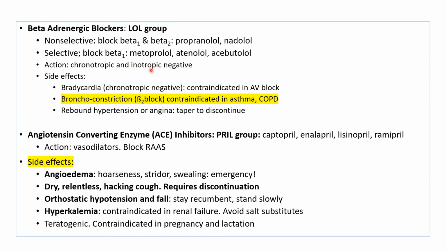For example, digoxin slows down the heart, so it's negative chronotropic, but on the contrary makes the contraction stronger, so it's positive inotropic. Calcium channel blockers, especially verapamil and diltiazem, are like the beta blockers: negative chronotropic and negative inotropic.